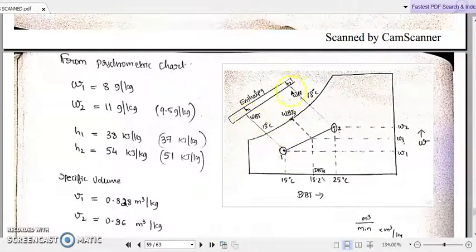These two enthalpy lines are actually drawn parallel to the WBT, or wet bulb temperature, lines. If you observe your psychrometric chart, it will be very easy to find this. Following them, we can find H1 as 38 kilojoules per kilogram and H2 as 54 kilojoules per kilogram.